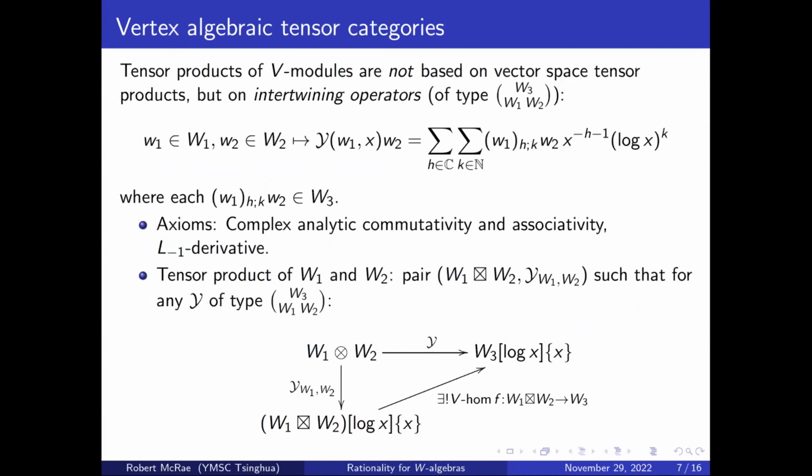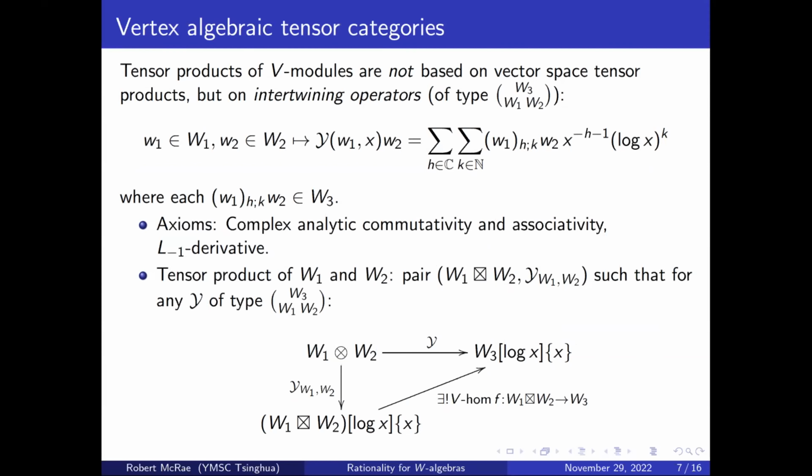So let me say a little bit more about how we actually get tensor categories from vertex operator algebras. The first thing to say is that tensor products of modules for a VOA don't come from the vector space tensor product, which does not have a natural V-module structure.